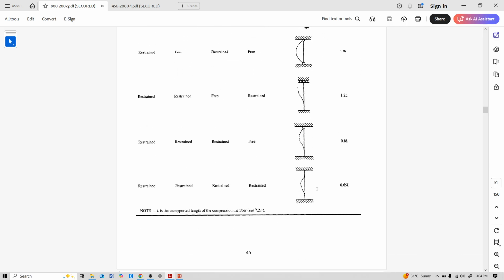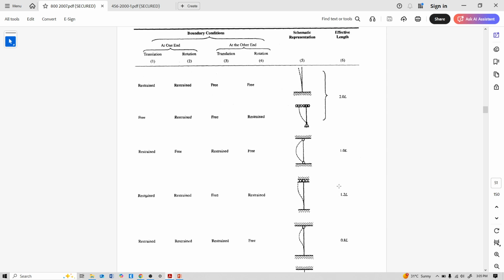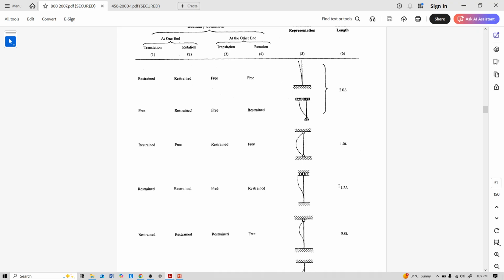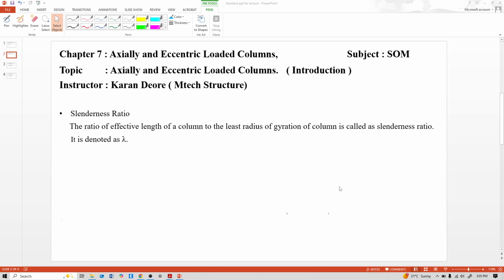And here at the bottom, the fixed column, rotation and translation are all restrained. That's why the factor changes, the factor reduces. Okay, we will move toward the next topic.